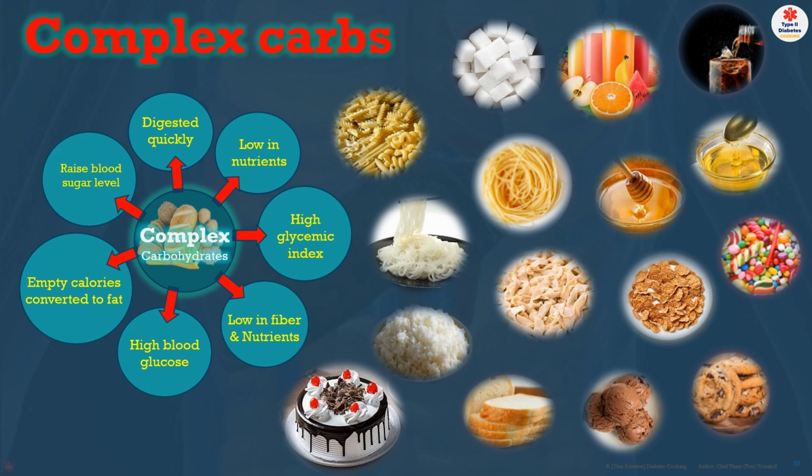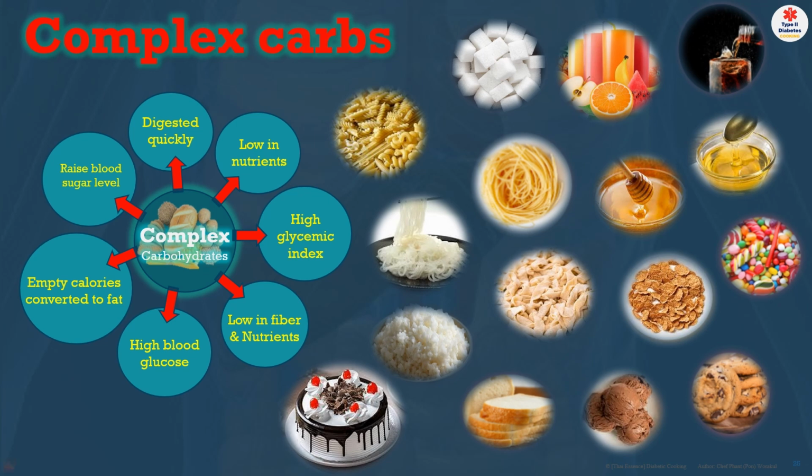Now the worse one is the complex carb. Complex carb is mostly the man-made cake, white bread, ice cream, all these kind of things that we're really not supposed to eat that much. You eat it for entertainment, not just for a regular meal, because there's a lot of things that they put in there you don't know.